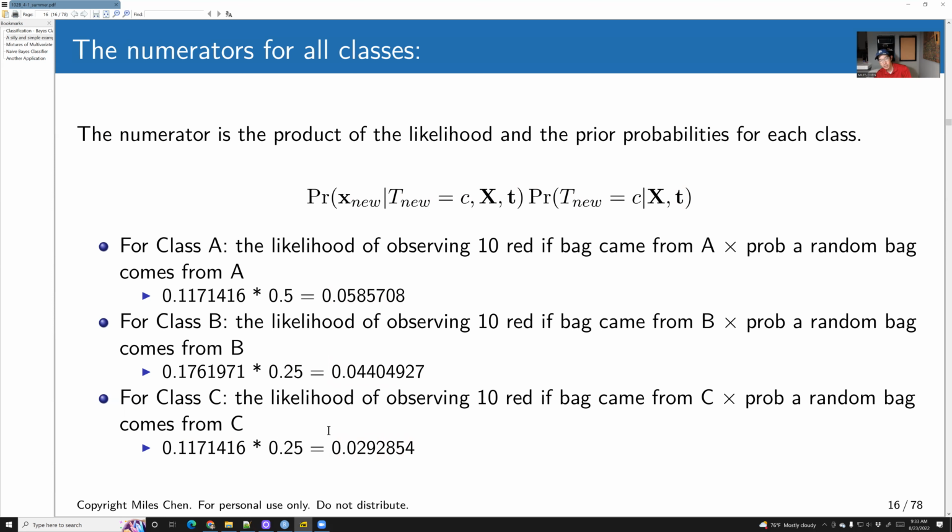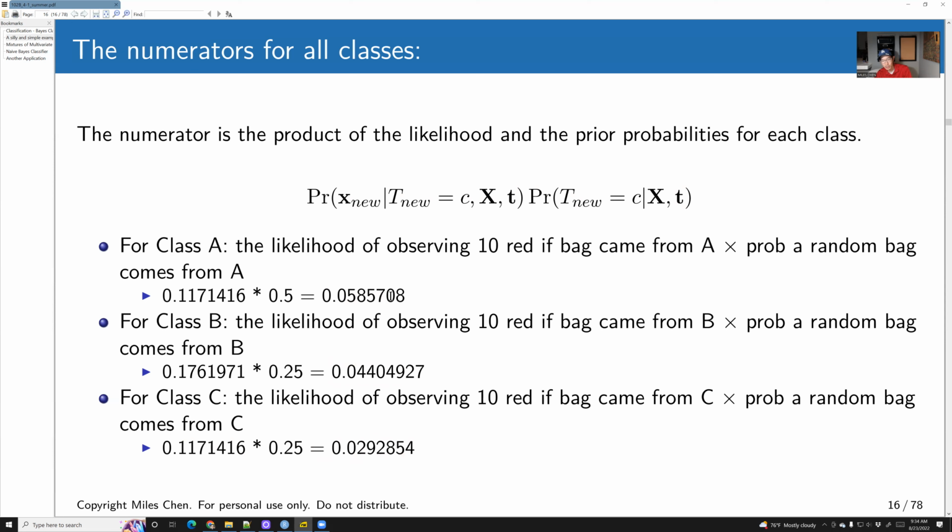All right, and basically all our work is pretty much done at this point. We just have to scale these up so that if I add the probabilities together, they add up to 1. So I'm going to add these things up, and that's going to form the denominator.